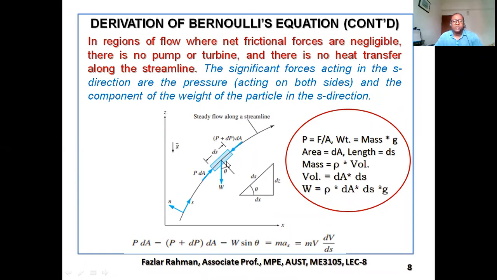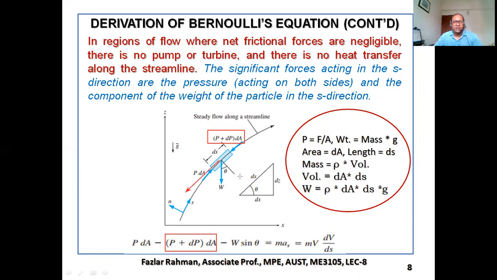So along the streamline, on the left side, P into dA is working, positive P into dA. This force, P plus dP into dA, is working downward, opposite to the streamline. So negative sign, this term.